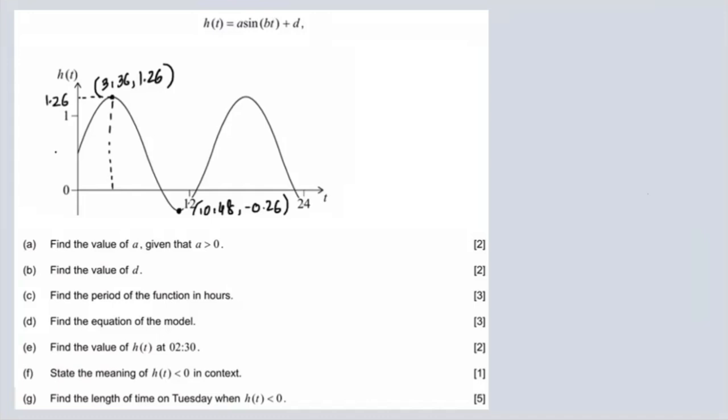Part A. Find the value of A given that A is positive. To find A, you can note down a rule. Subtract max minus min: subtract the minimum value from the maximum value, and half it. So I'm boxing this so you can note this down.